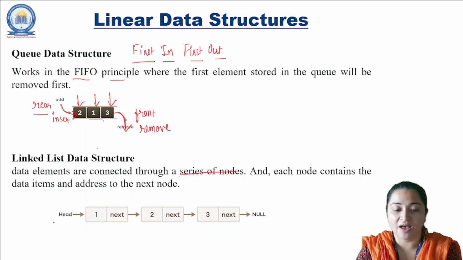We have a head node, which is the first node of the linked list, that contains a pointer which points to the address of the adjacent node, which is the sequential node in the list. This is how we maintain links to the upcoming nodes. So this is an example of a linked list.